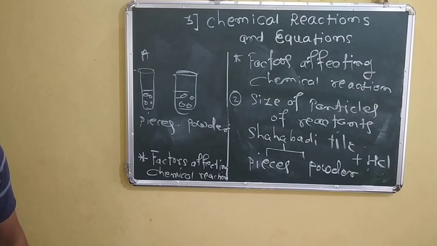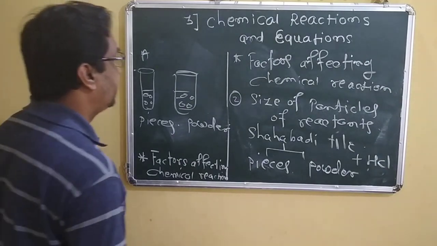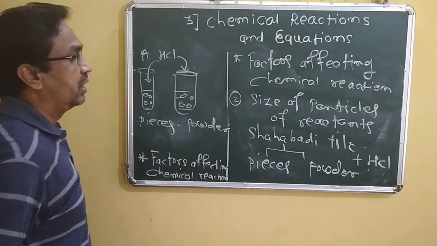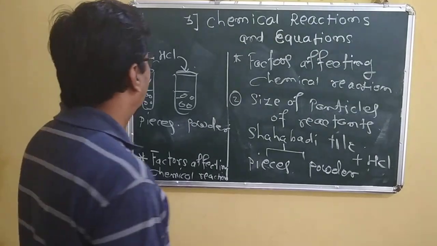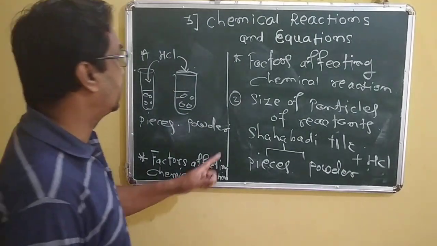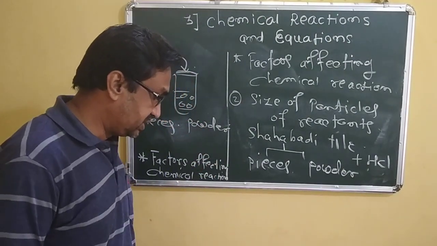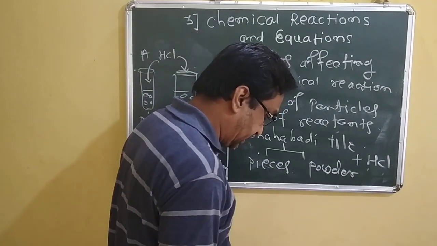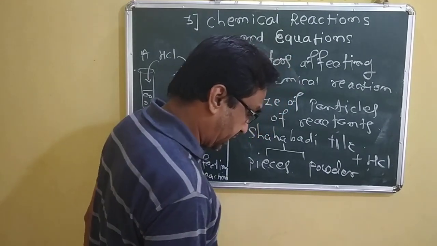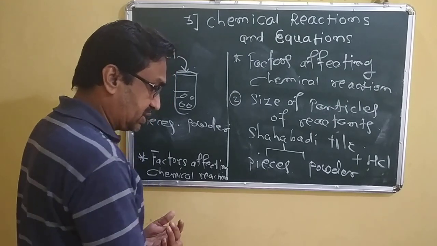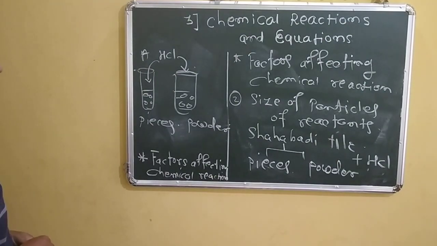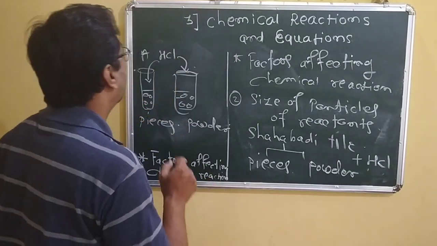We have to drop HCl, some amount of HCl, and the chemical reaction takes place, and due to that, carbon dioxide gas is released, and we can observe the effervescence of CO2 formed at a faster or slower speed, and it depends only upon the size of the particle.